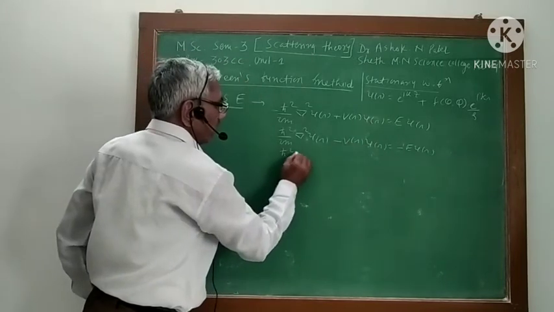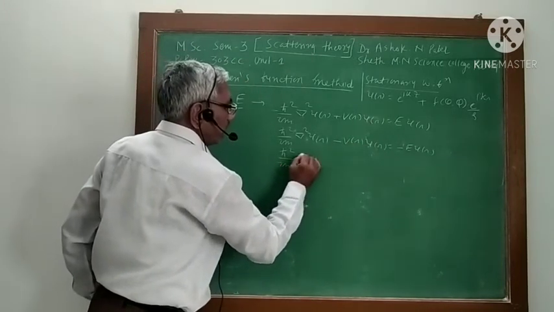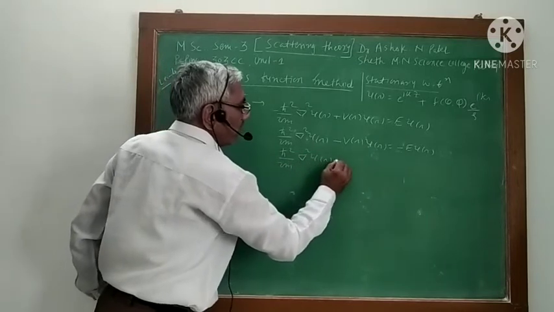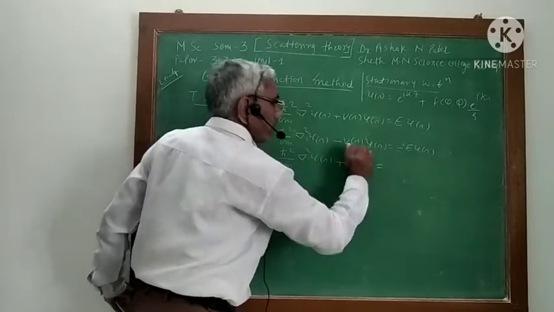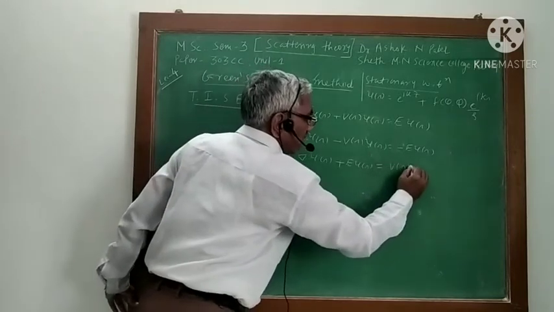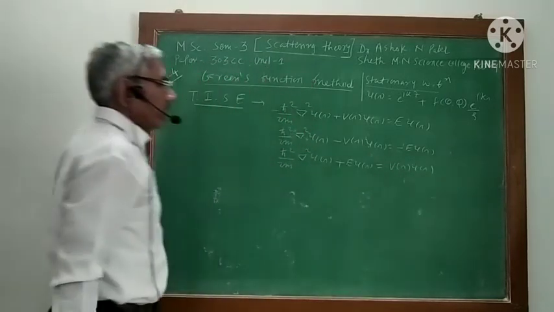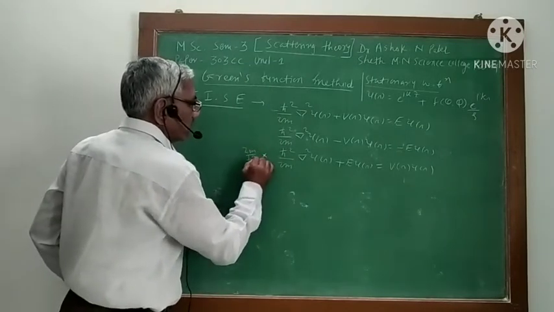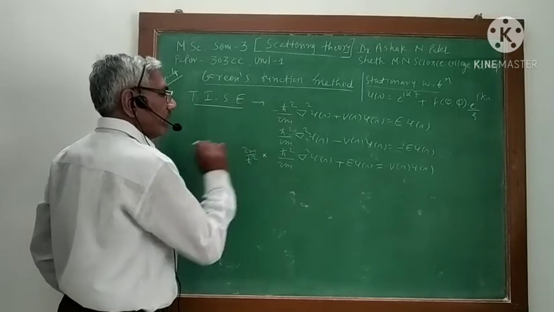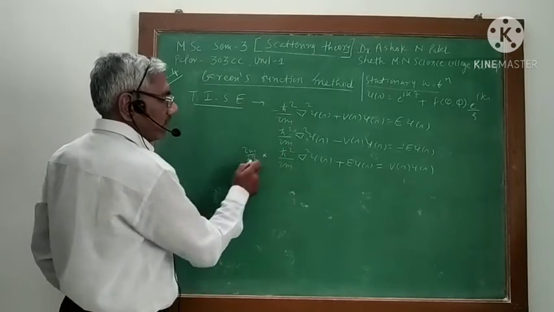So it is minus ħ²/2m ∇²ψ(r) plus Eψ(r) is equal to V(r)ψ(r) on the other side. Now I multiply this equation by 2m/ħ², so 2m/ħ² will cancel out.